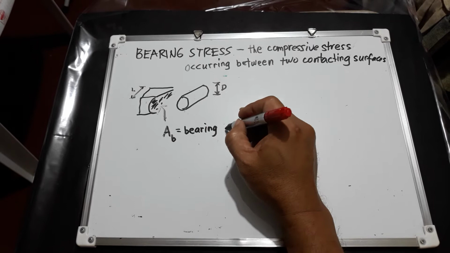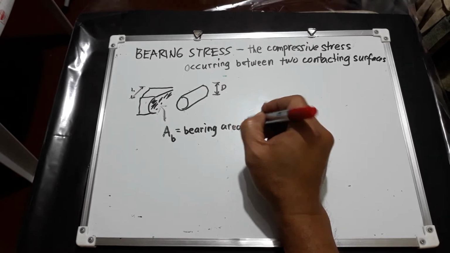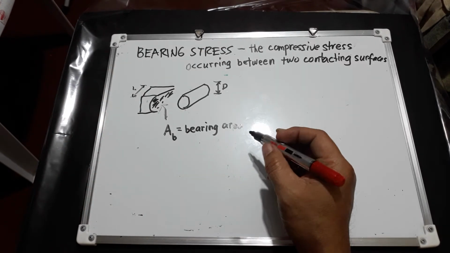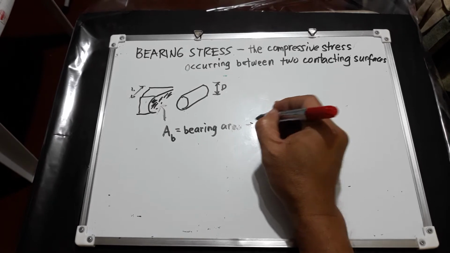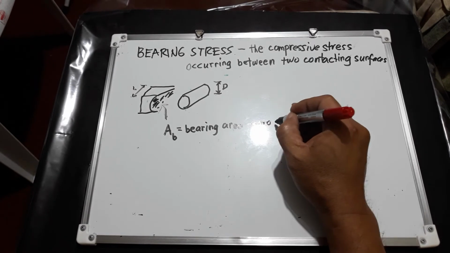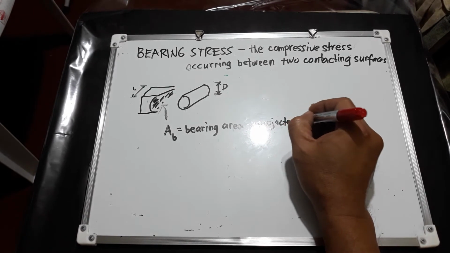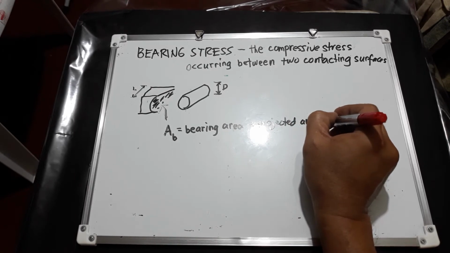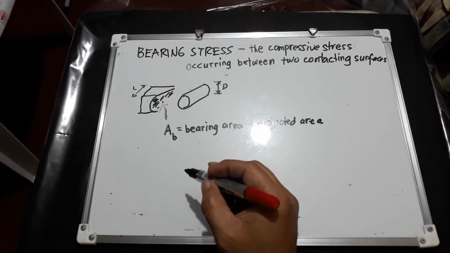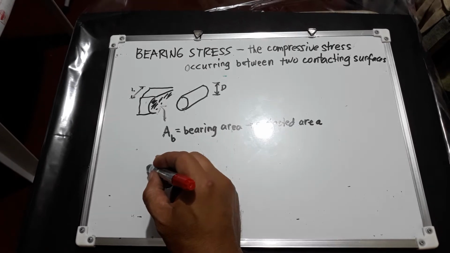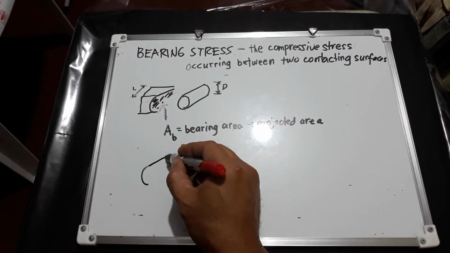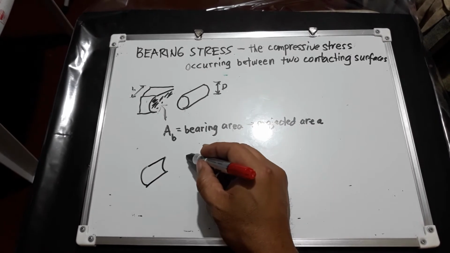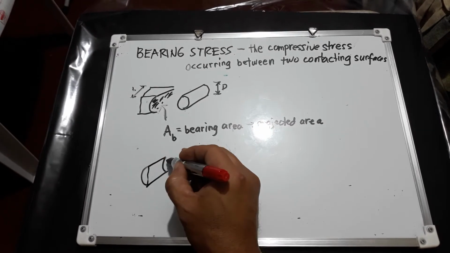In reality, it is a curved area, but we are going to use here the projected area if it is a curve. So what is now the projected area? If that is the curve, then the projected area is this one only.